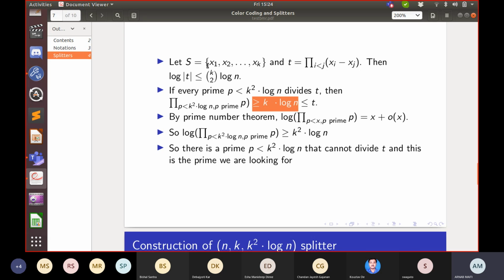So this product is clearly greater, which means there is one prime p which does not divide T.